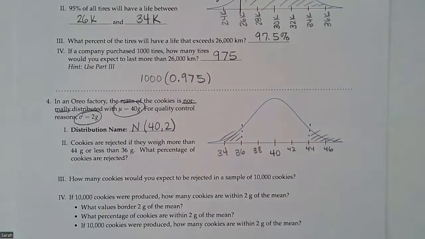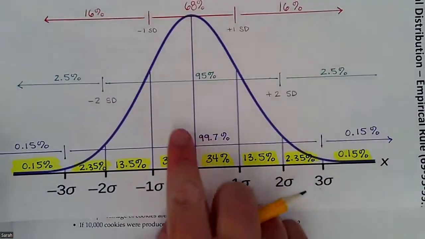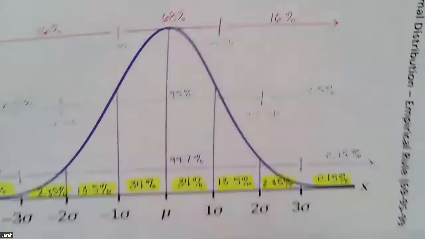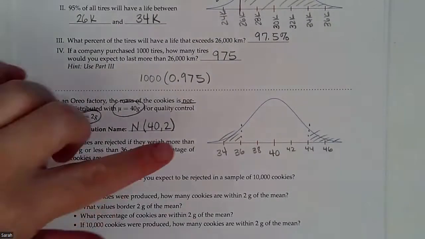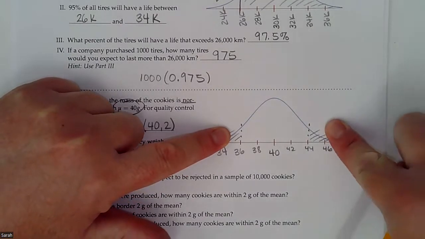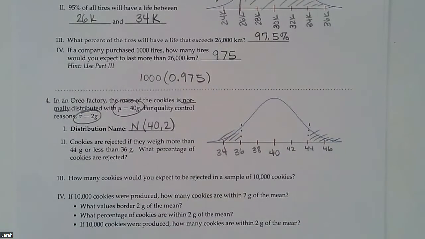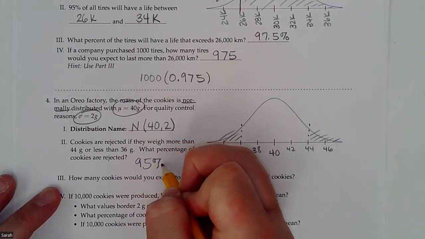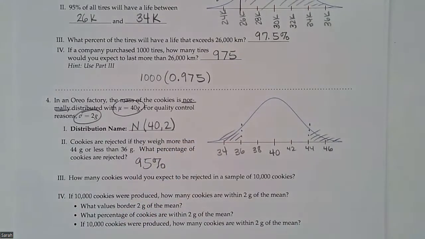And since it's symmetric like that, that means that we're just interested in this part in the middle, which is 95%. Another way of looking at this is you could look at those tails and say that's 2.5 and that's 2.5. If you subtract both of those from 100, you'll get that 95%. So again, there's a number of different ways to arrive at the right answer, and any of those are fine.